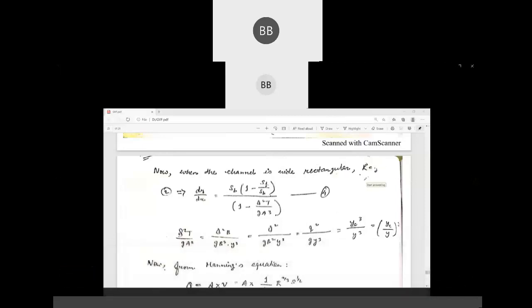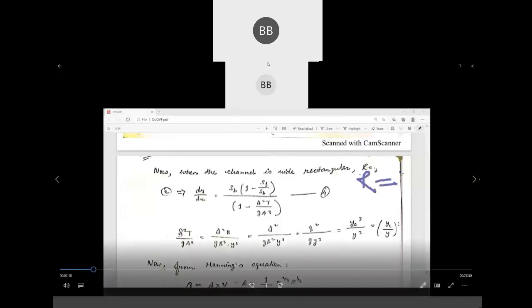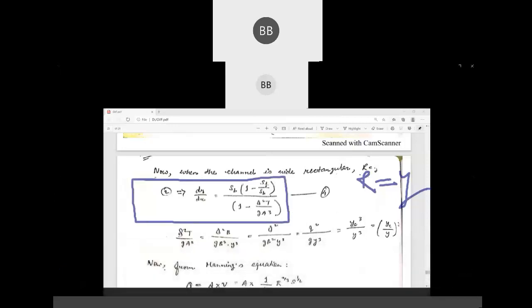Hydraulic mean depth is equal to depth of flow, so you can substitute those things here using your dynamic equation. This is our general dynamic equation, dy by dx is equal to Sb, we have taken common here. It's up to you which expression you want to use.